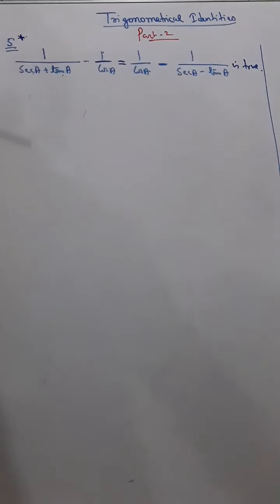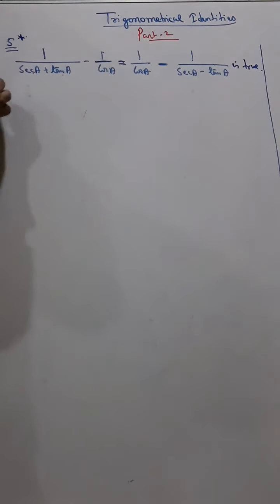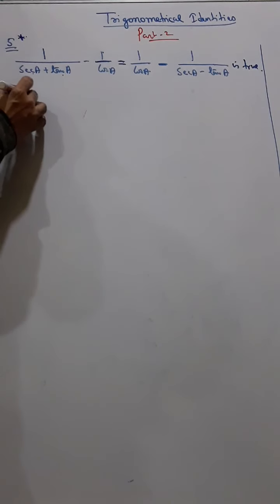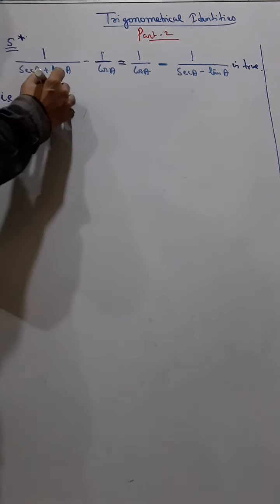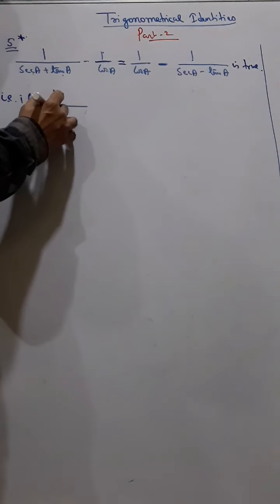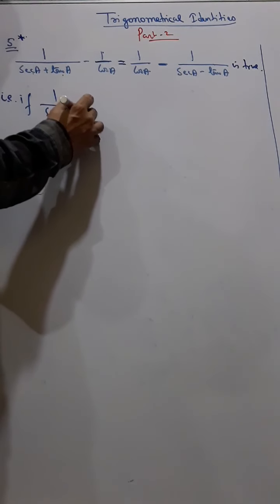So that means we have started with the question, if it is true, that is, I can say that if 1 by sec a plus tan a, now we will bring the similar terms together.